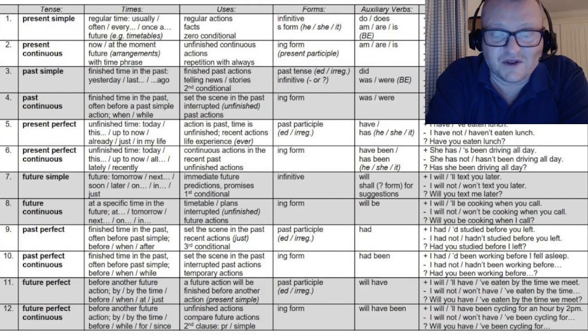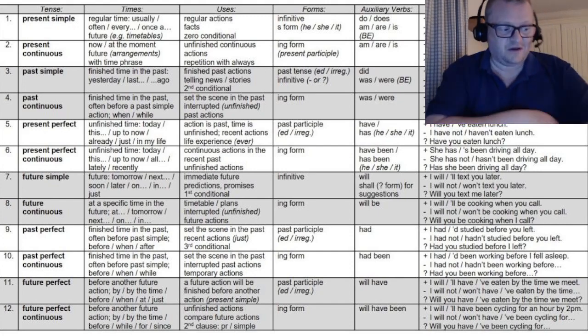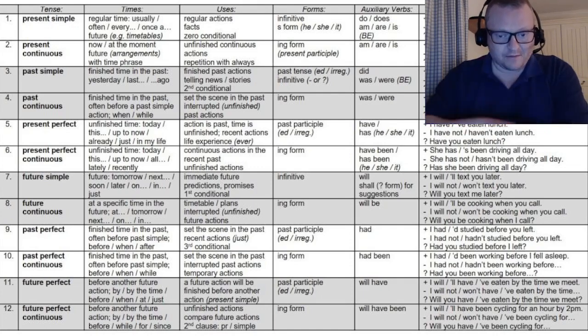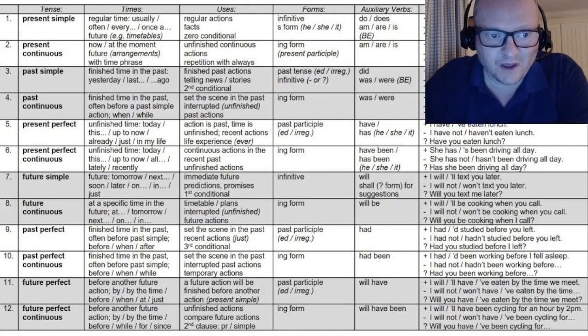So what I want to do then is have a look at the tenses briefly, and maybe we'll do some exercises a bit later on. Present simple is the first tense, so we learn this first.